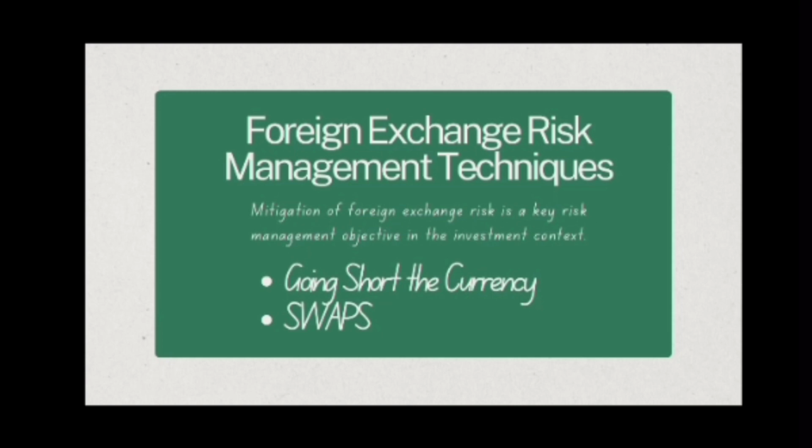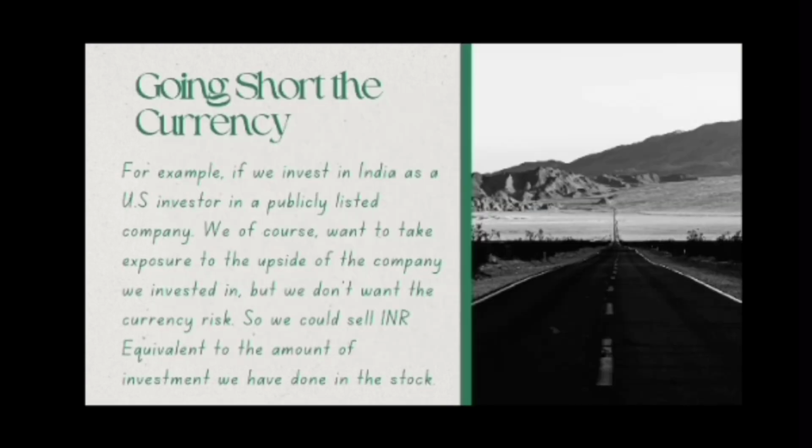For example, if we invest in India as a U.S. investor in a publicly listed company, we of course want to take exposure to the upside of the company we invested in, but we don't want the currency risk. So we could sell INR equivalent to the amount of investment we have made in that stock.